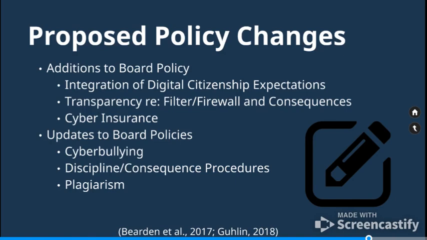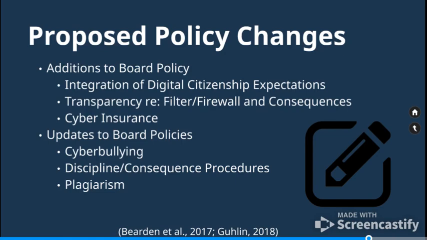While I feel like our district policy has been improved to include a lot of things regarding technology, the discipline and consequence procedures are pretty antiquated in that I think our technology has improved and changed many times over since the policy was put in place. And so there are things that are now potential discipline issues that aren't even addressed. And without having that policy to rely on, it's a little bit gray.